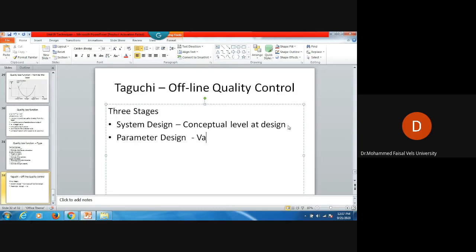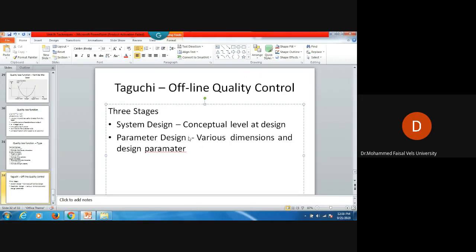He tries to emphasize that in the detailed design, when we design for parameters, we have to consider the quality in the various design parameters.